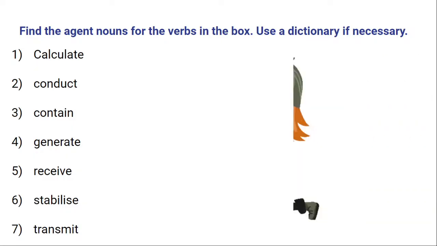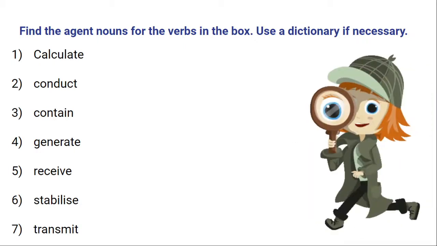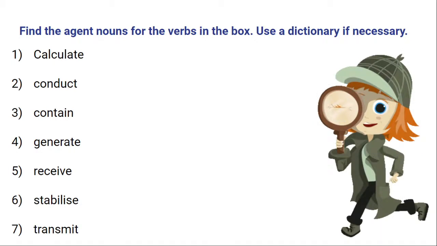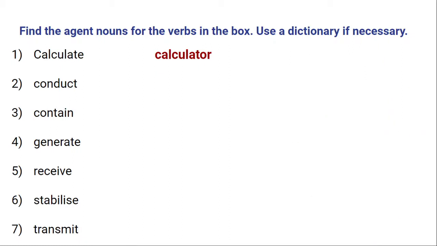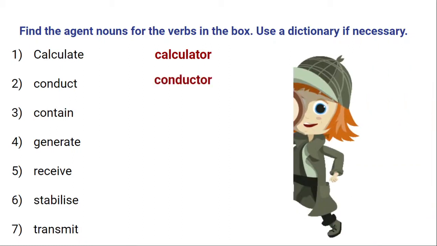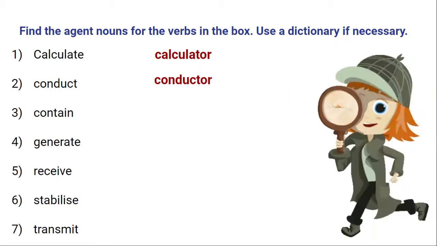So find the agent nouns for the verbs in the box. You should use a dictionary if necessary. As I explained earlier, calculate, the agent noun is calculator. Conduct, conductor. Contain, container.